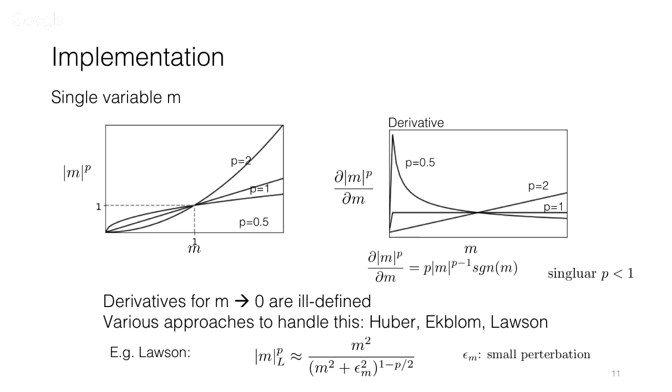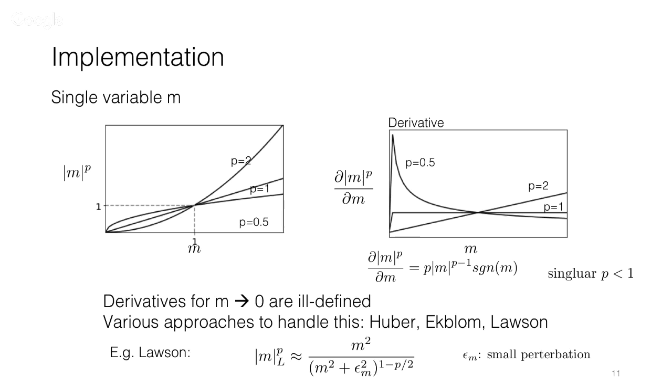As p goes to 1 or a half, the value of the penalty changes in a different manner. So this is effectively what the ruler is like when you're evaluating the model with respect to the p-th power.